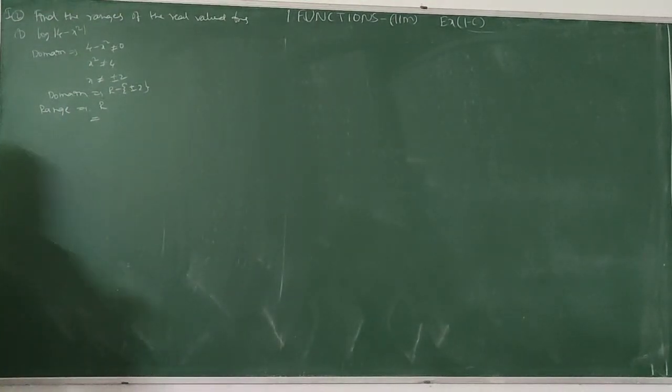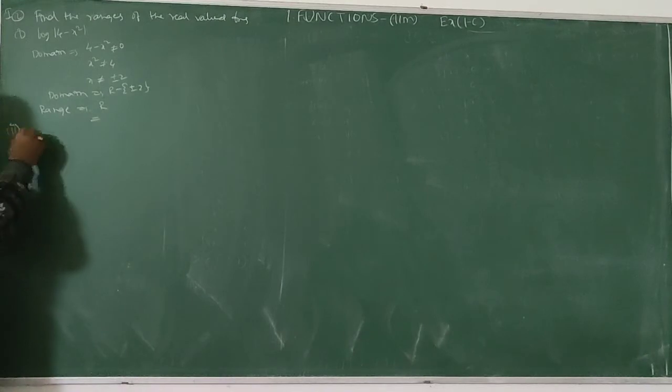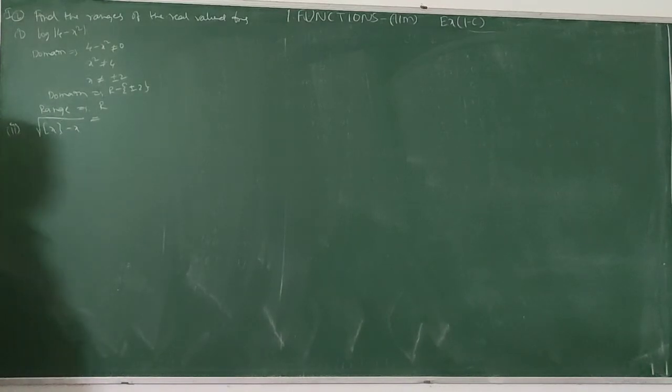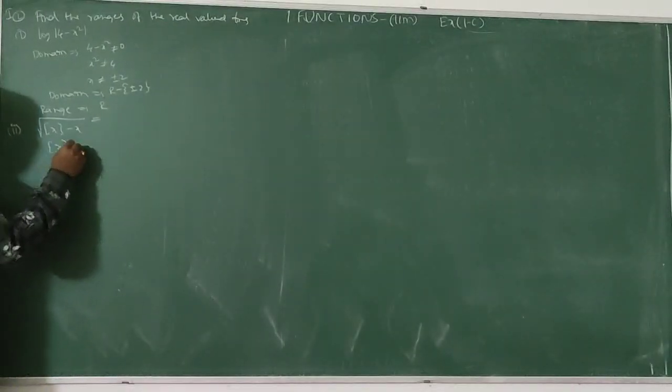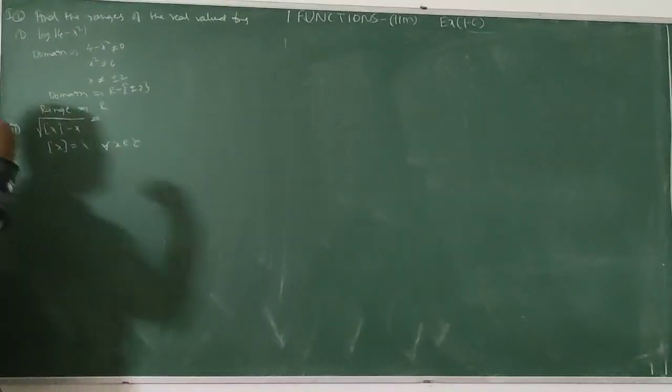Next, second, square root of bracket x minus x. This is the function. Previously we found the domain. Bracket x equal to x for all x belonging to Z. Actually bracket x is the smaller value, x is the bigger value.